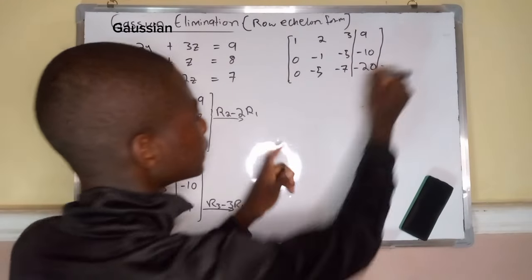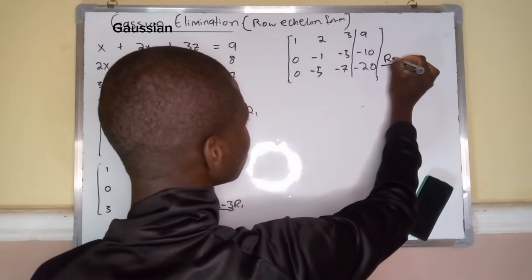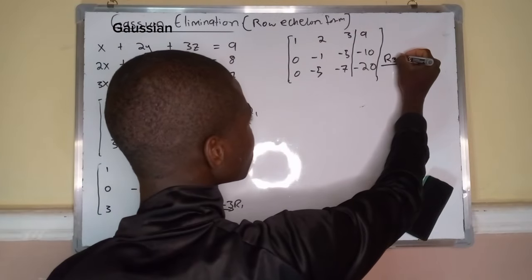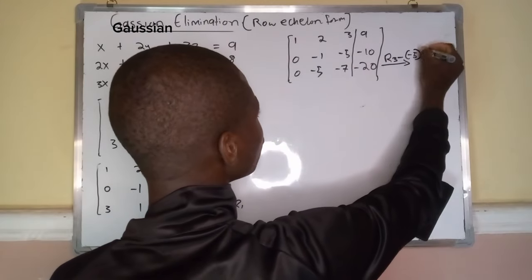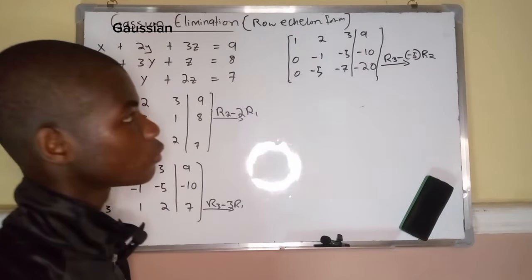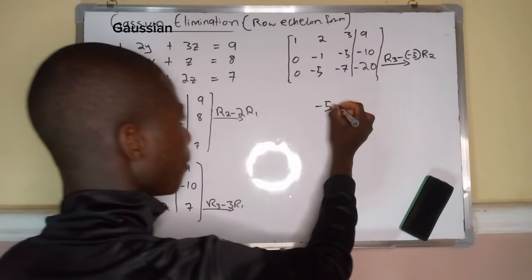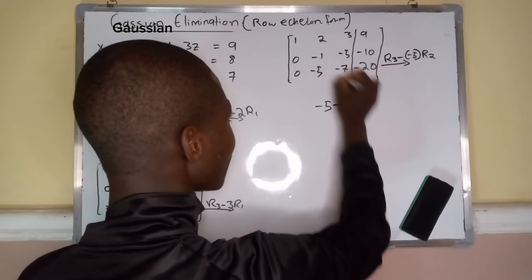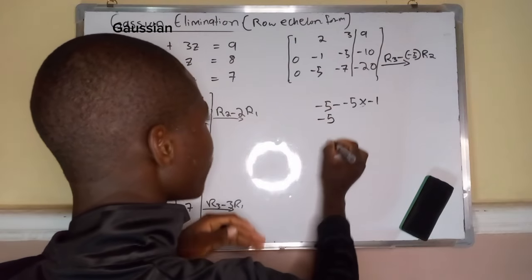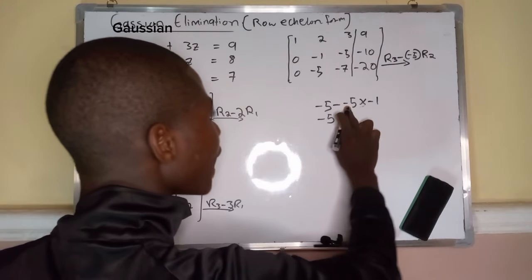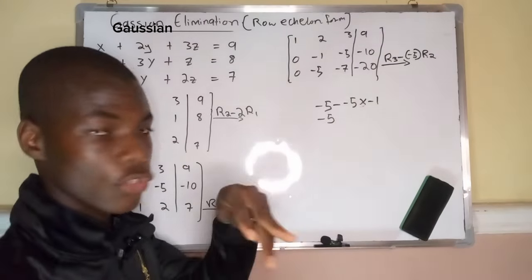So therefore, let me say row 3 minus 5 row 2. So therefore, row 3 is minus 5. Minus 5 multiplied by row 2, which is minus 1. And therefore, minus 5 multiplied by minus 1.